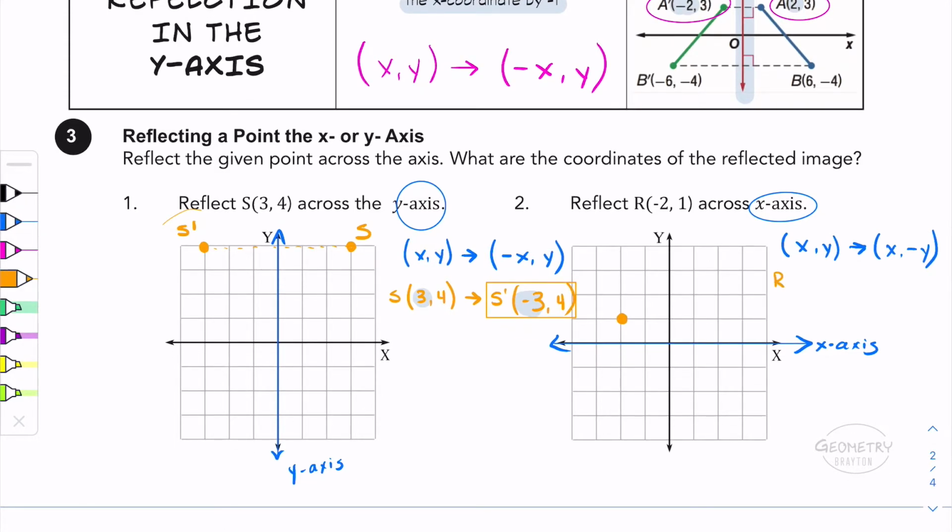If point R is located at negative 2, 1, when we apply the rule for R prime, the x coordinate will remain at negative 2. The y coordinate is going to change signs, so this becomes negative 2, negative 1.